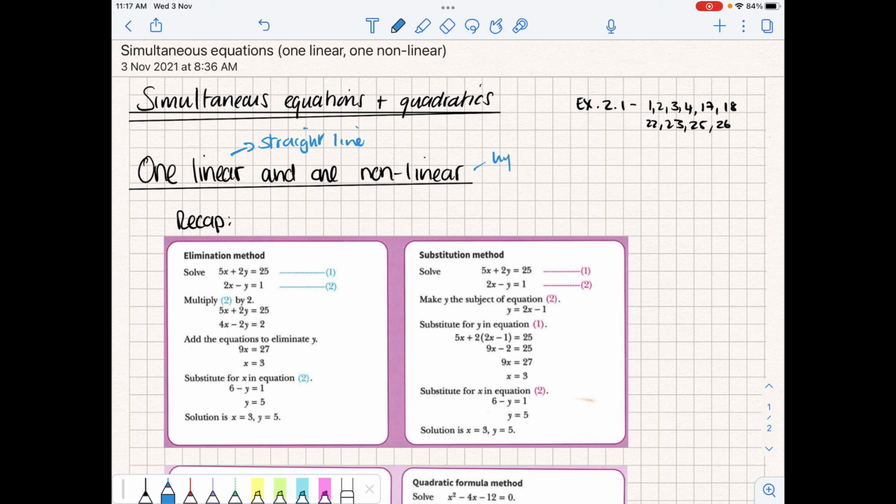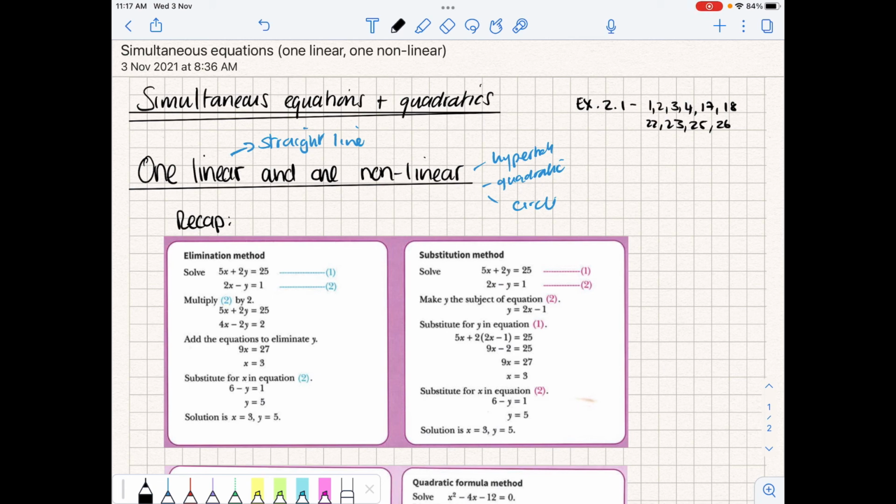It could be a hyperbola. We could have a quadratic, we could have a circle, etc. So any nonlinear function.